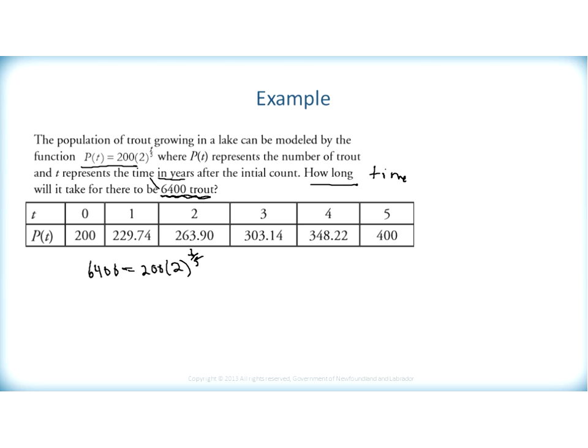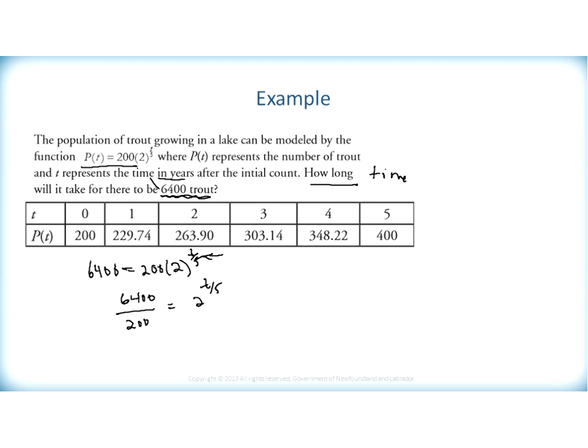To solve this for the exponent, we're going to learn another method in Chapter 7 on how to solve for an exponent in an exponential equation. But right now we go back to our method where we have to get the bases the same. So first thing we must do is isolate the power. We have 6,400 over 200, which equals 2 to the power of t over 5.